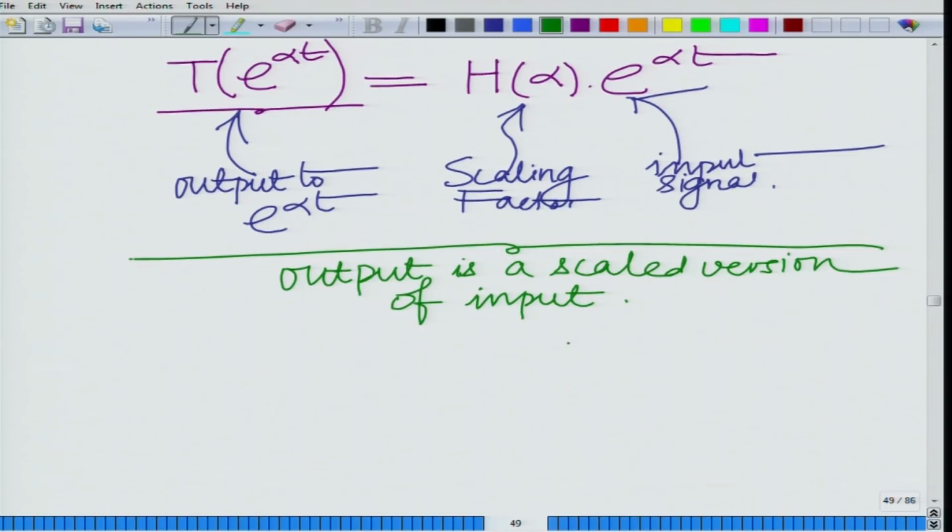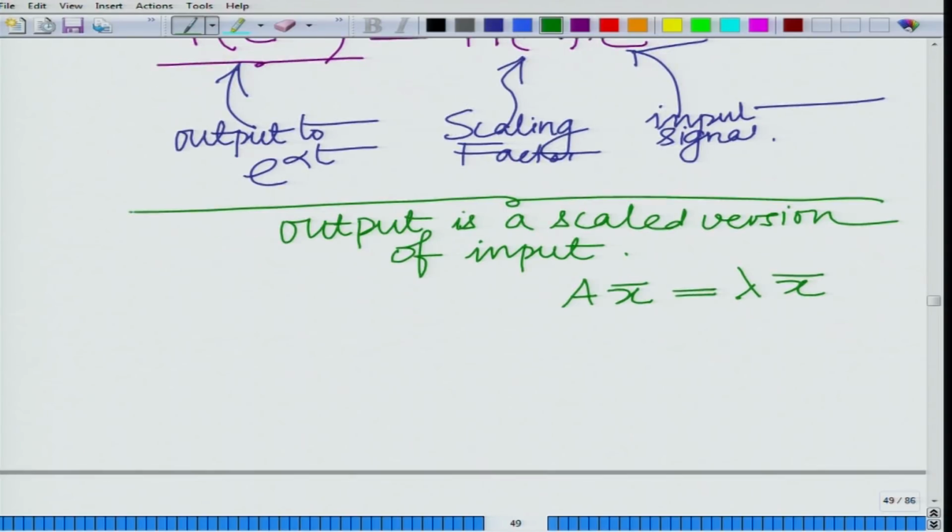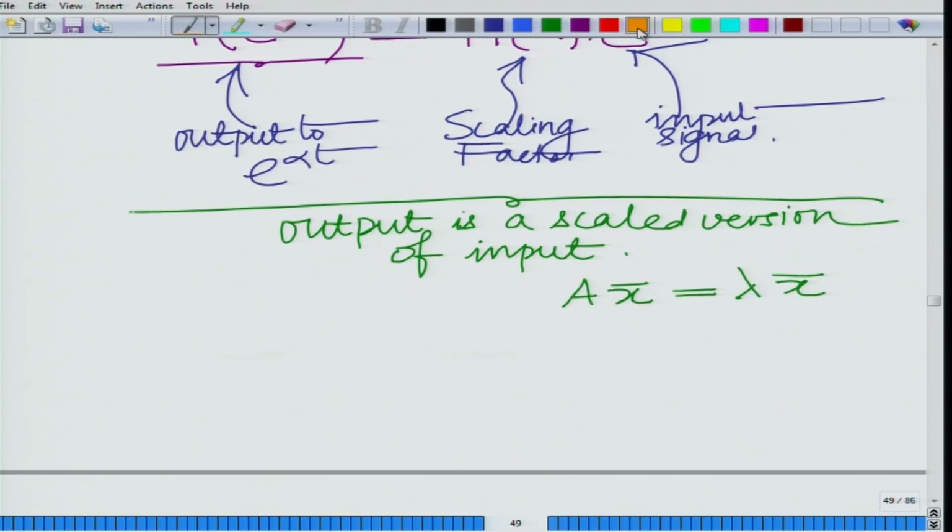Remember, from your basic knowledge of linear algebra and properties of matrices, whenever we have a matrix A and a vector x bar which satisfies the property A x bar equals lambda times x bar, this is nothing but a representation of a transformation or a linear system.